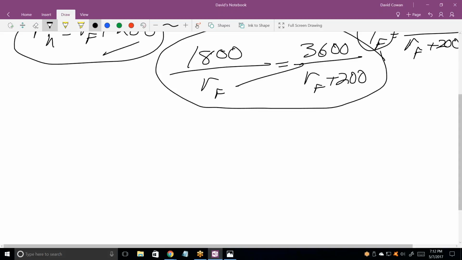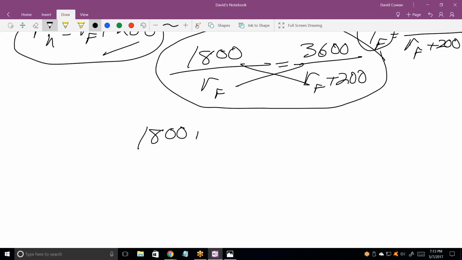Again, cross multiply, because I have a fraction equals a fraction. So I get 1800 r sub f plus 36 with 4 zeros equals 3600 r sub f.